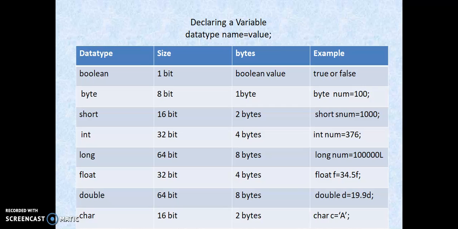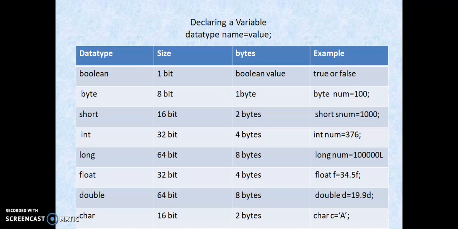The Boolean data type is 1 bit and it can be true or false. The byte data type is 8 bit, that indicates it is of 1 byte, and the example is byte, the data type, num, the name of the variable, and the value it stores is 100.